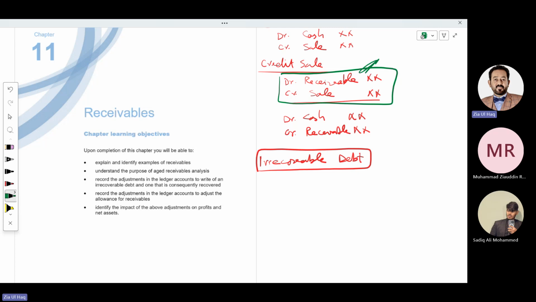Sometimes we may not receive the money, if the customer is insolvent, bankrupt, or lost somewhere. This means we cannot receive this money from the customer. That we call irrecoverable debt, or we call it bad debt.